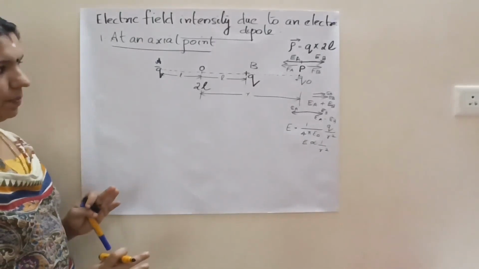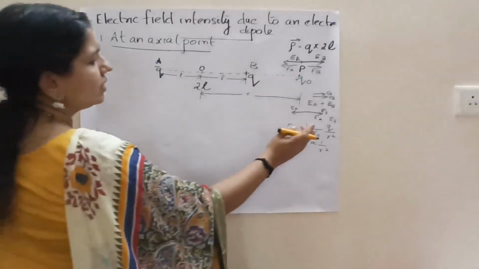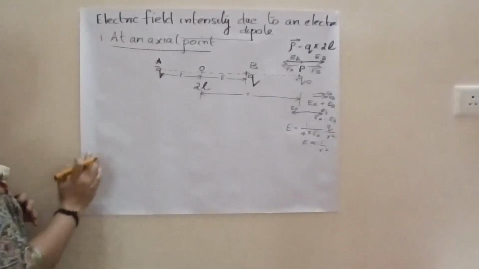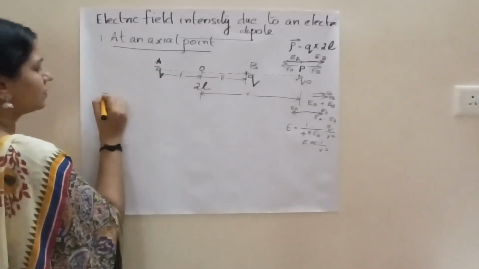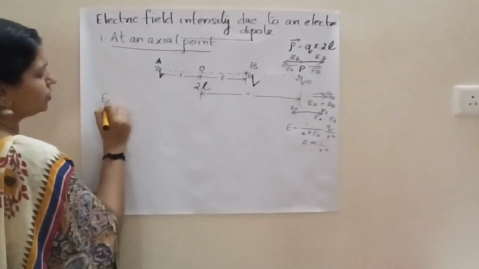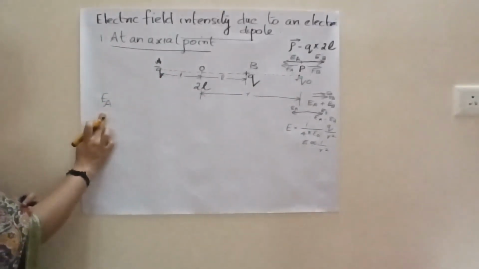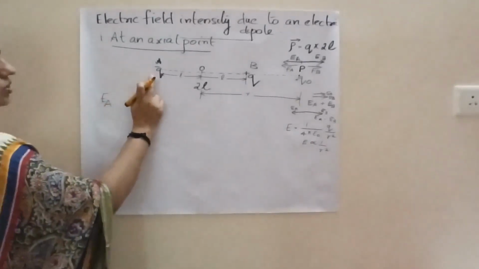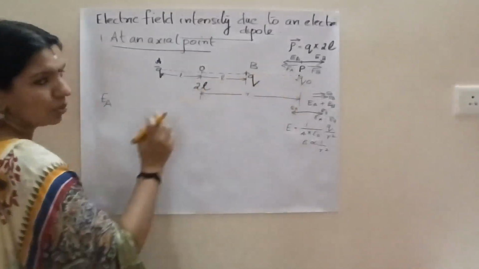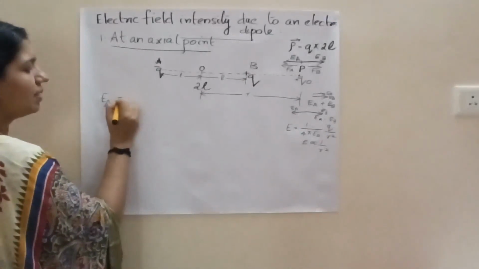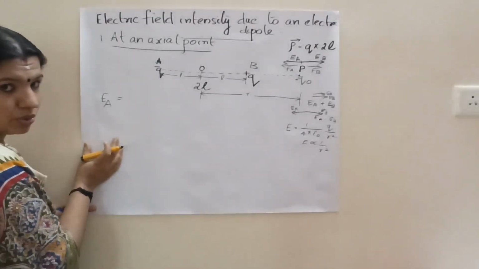This much is clear. Now I am going to write the first equation, that is electric field for the minus Q charge, which is taken as A, because of this plus Q naught. I am just taking the magnitude here.